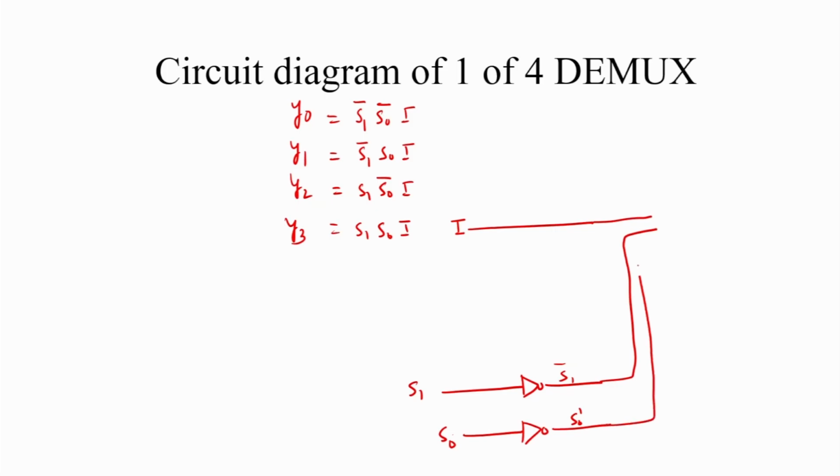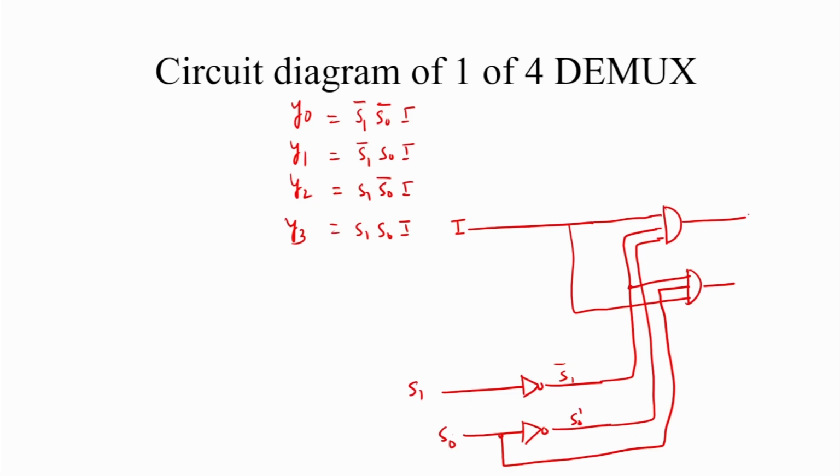Here there is a 3 input AND gate. Then the second one takes S1 complement from here, and third, S0 is taken from here, and the third input is I. The second AND gate represents y1.